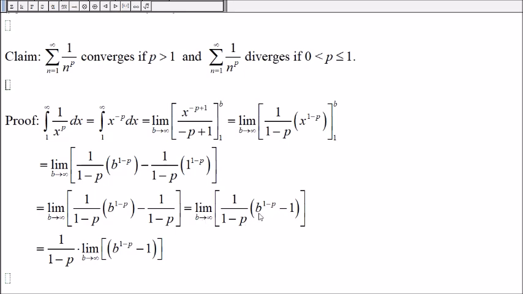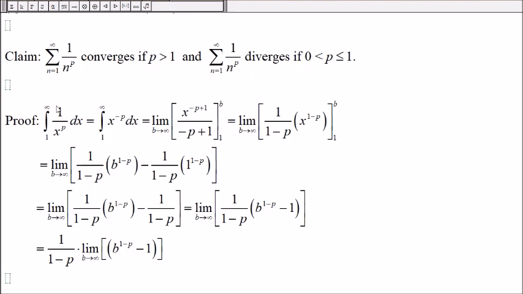And so we can move the quantity 1 divided by 1 minus p out in front. And so we get 1 divided by 1 minus p times the limit of b to the 1 minus p minus 1.